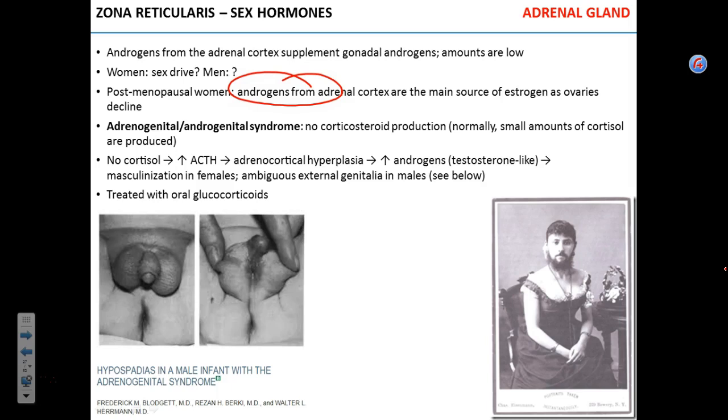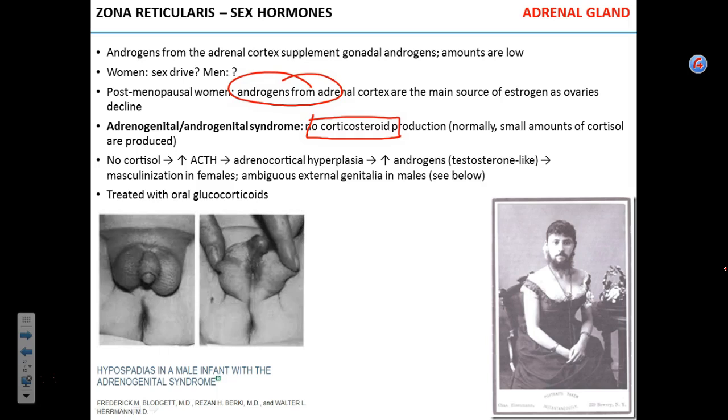Now, very fascinating. I love this story. Adrenogenital or androgenital syndrome. It's a very elegant example of endocrine regulation. It all starts with the lack of glucocorticoids, no glucocorticoids whatsoever. So no cortisol is produced.